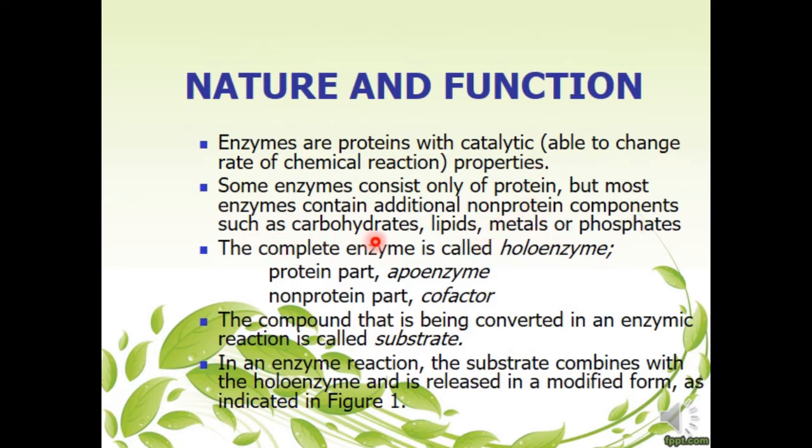Now, this one we have covered in the previous part. So a complete enzyme is called holoenzyme, in which the protein part is called apoenzyme and the non-protein part is called cofactor. Both of these together are called holoenzyme.